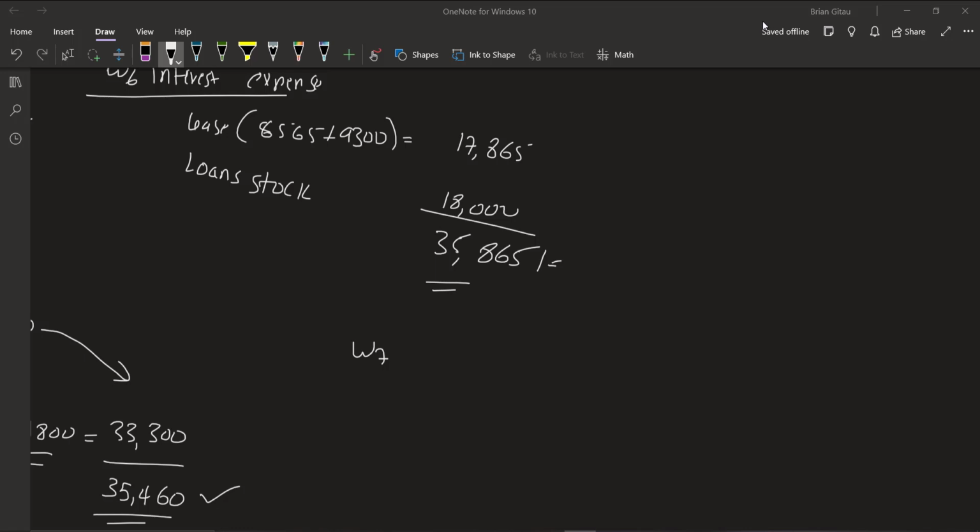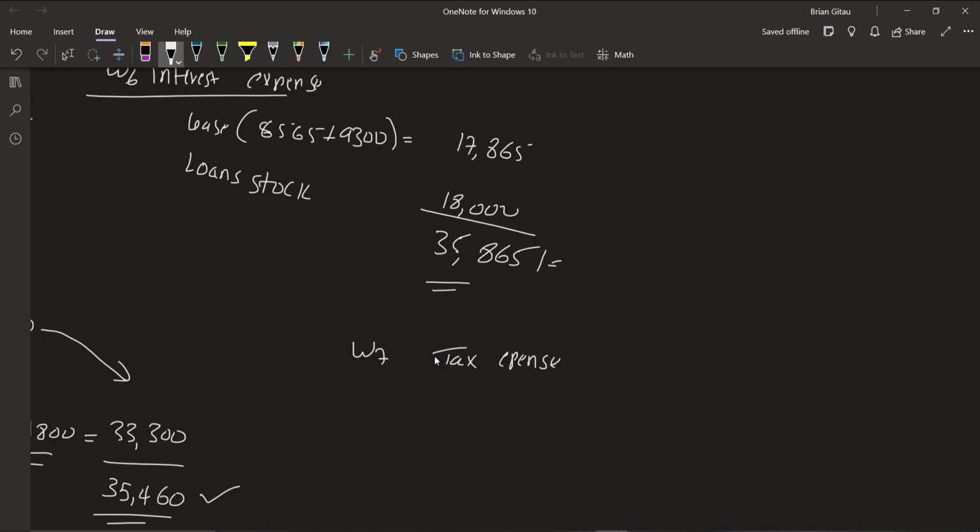Working number 7. So let's go ahead and work out the tax expense. The information is given in additional information number 4, where we are told the income tax amount is 1.2 million, which is included in the trial balance, and was the estimated tax as at 30th September 2021, and the current year's tax estimated at 9 million.